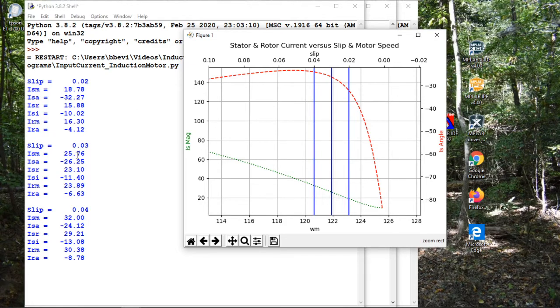A slip of 0.3 has gone from minus 32 to minus 26. We go up to 0.4, the angle has gone to minus 24, and it looks like it's kind of peaking out somewhere around in here. So anyway, that's interesting. All right, so let's go in and plot the other plots.